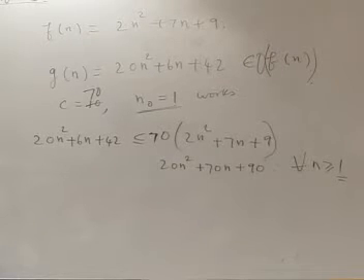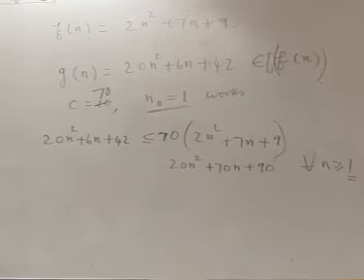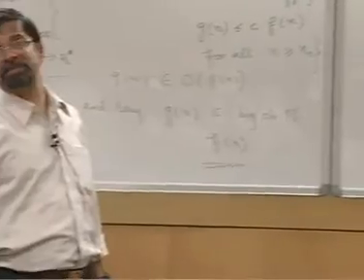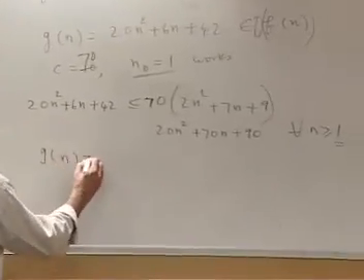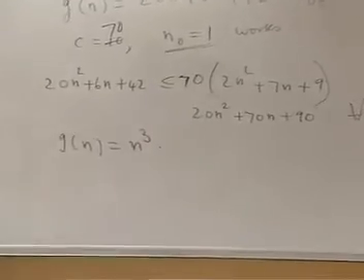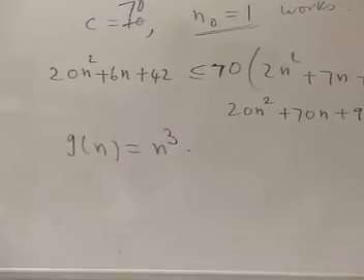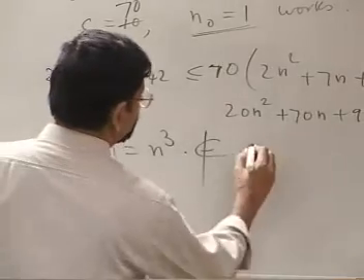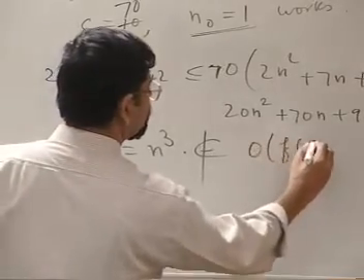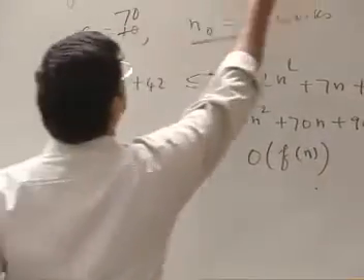Now I'm going to give you one function and you will see that you can never find a constant. Consider g of n equal to simply n cube. This doesn't belong to order of f of n. This is f of n.